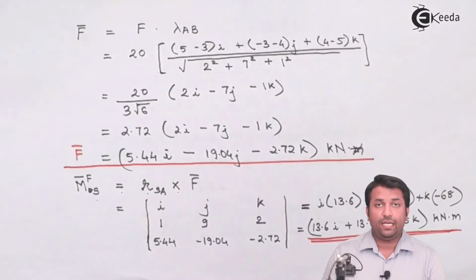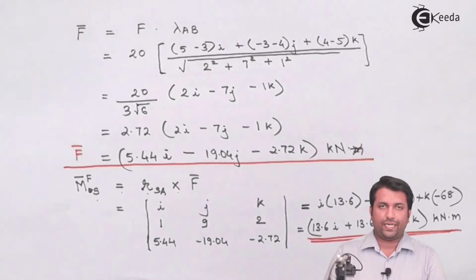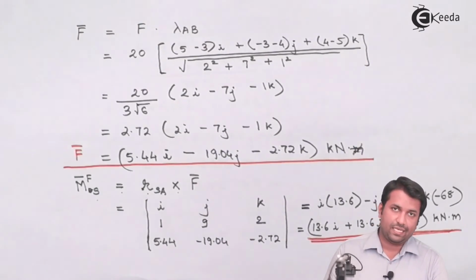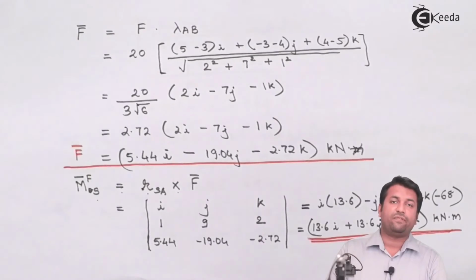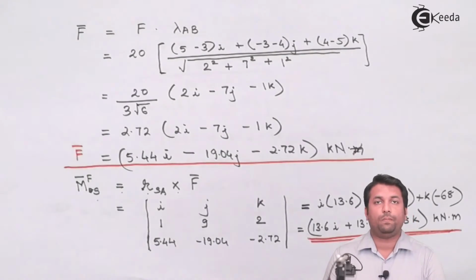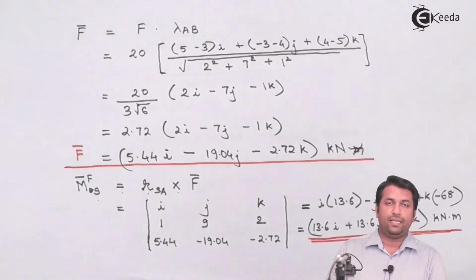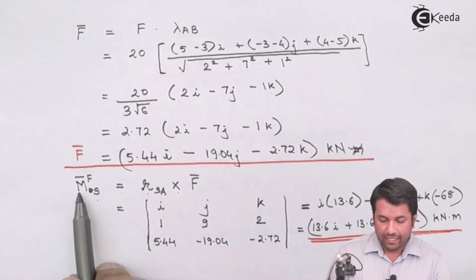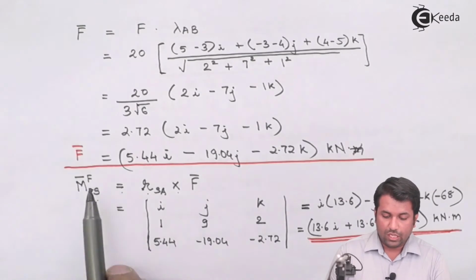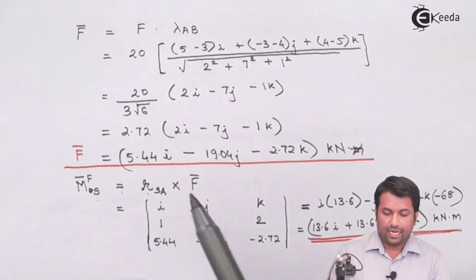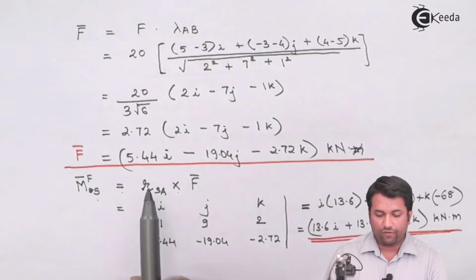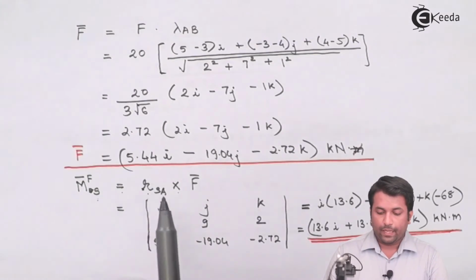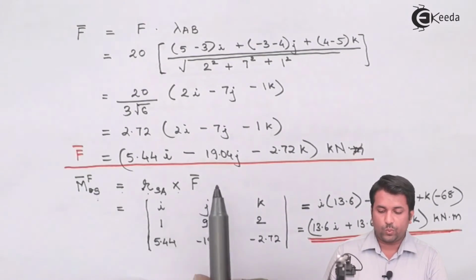I need to find the moment of this force vector with respect to line ST. So first I find out the moment with respect to a point on that line. In this case, I have taken the point to be S. So I'll find the moment of the force with respect to point S, that is nothing but the cross product of the position vector and the force vector.